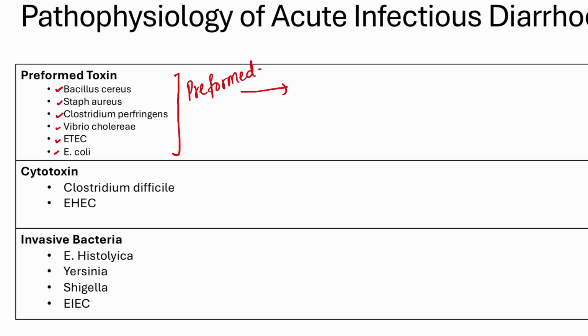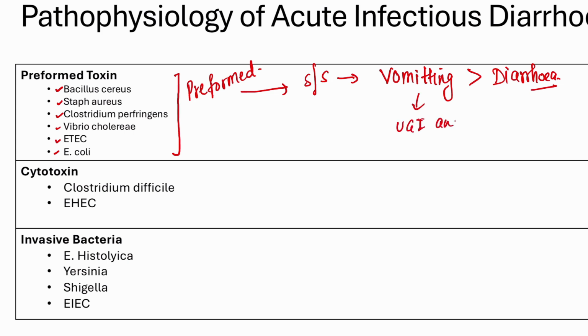What will be the signs and symptoms of them? A very peculiar sign of preformed toxin diarrhea is vomiting more than diarrhea, because of upper GI and small intestine infection.